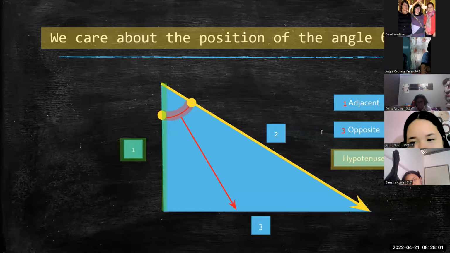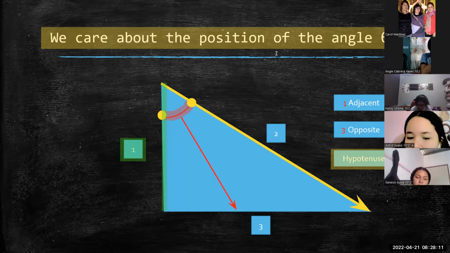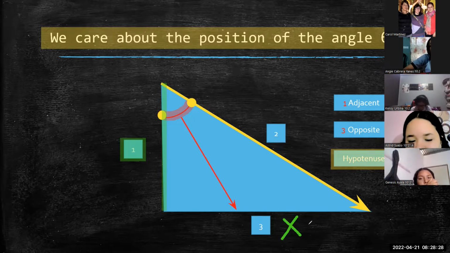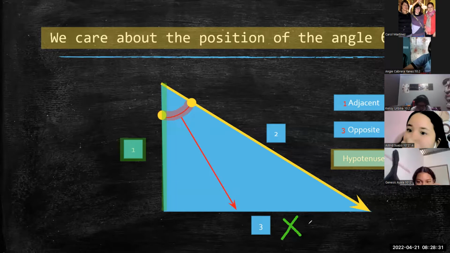And the two other legs, we identify as adjacent or opposite according to the position of the angle. Now, is my opposite leg horizontal or vertical? Horizontal. My opposite leg is horizontal. So here, my opposite is going to be X, my horizontal component. And is my adjacent leg horizontal or vertical? Vertical.